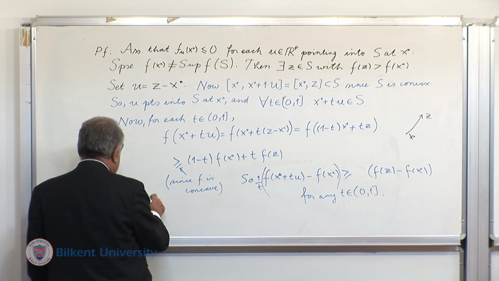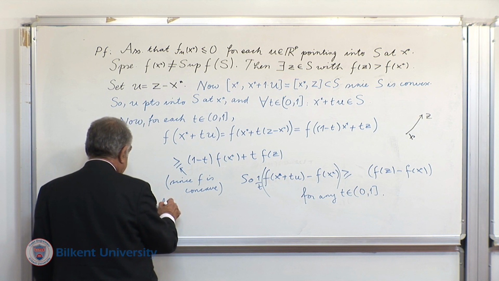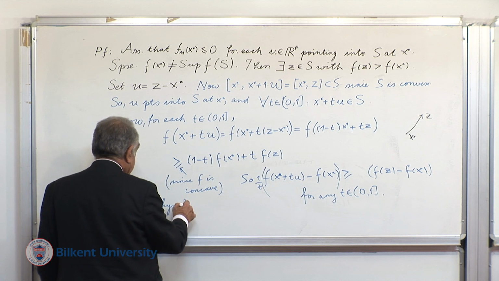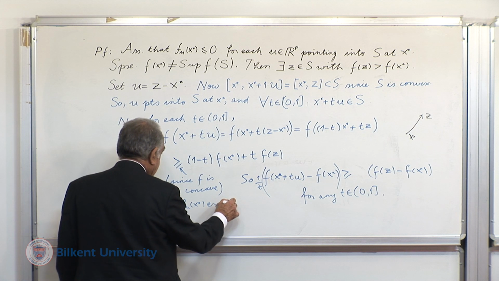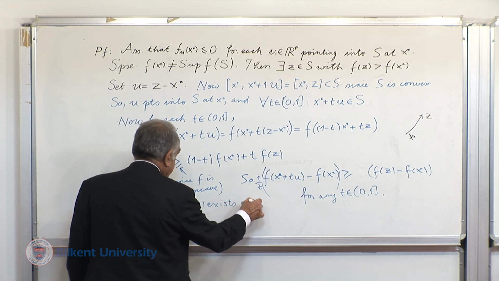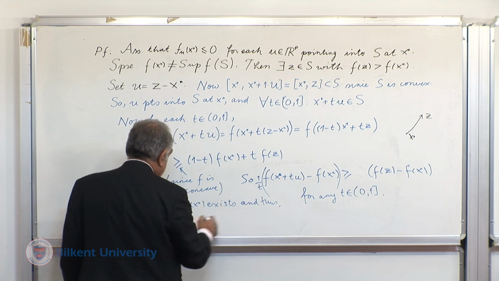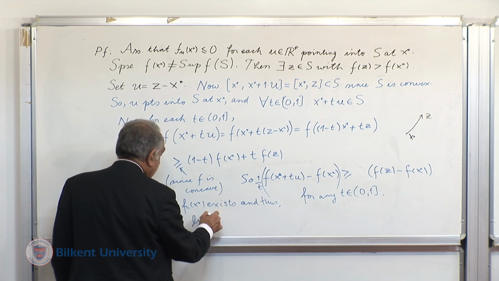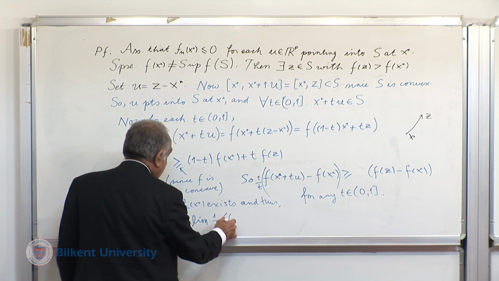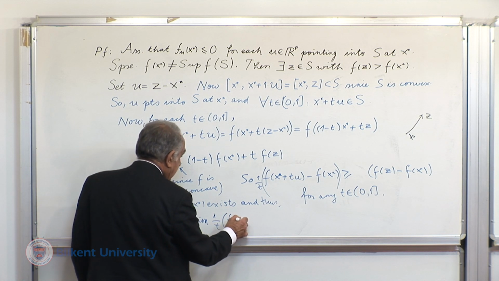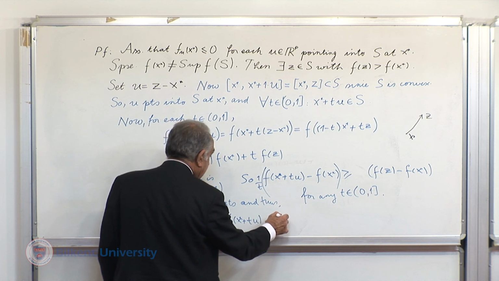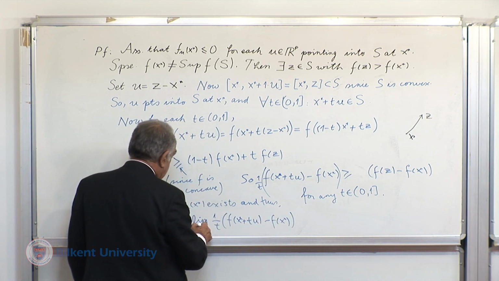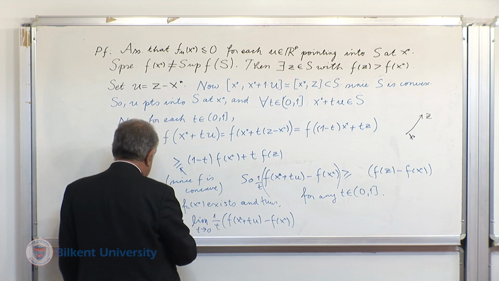Thus the limit of 1 over t times f of x star plus tu minus f of x star, as t tends to 0, is equal to f sub u of x star.